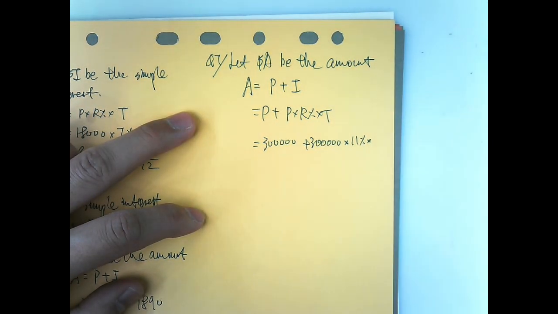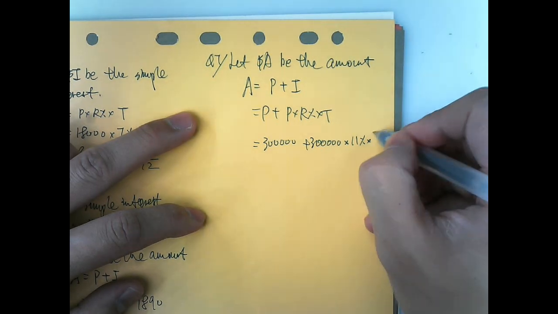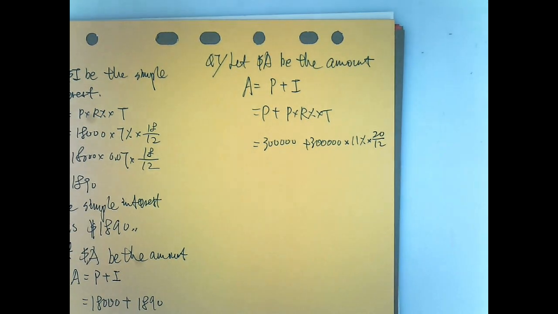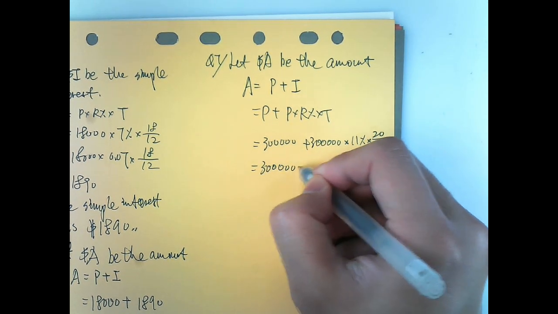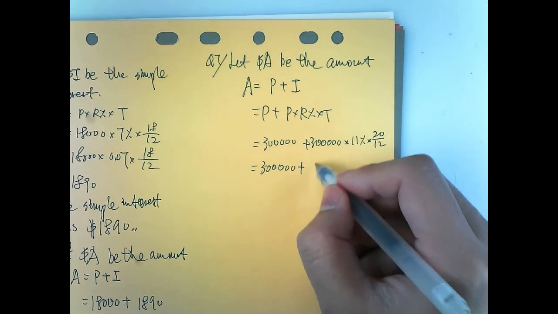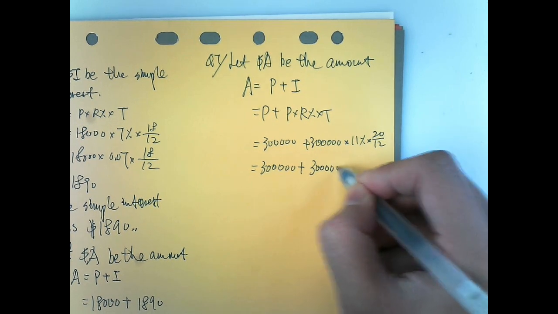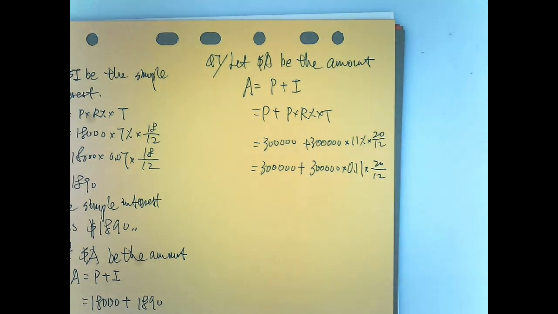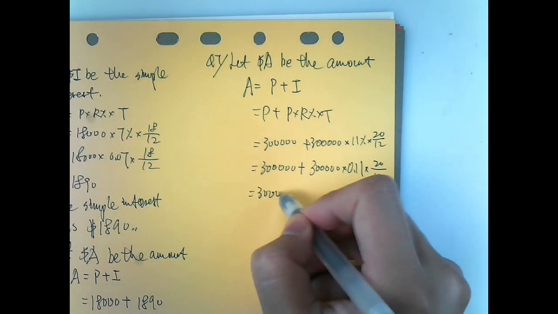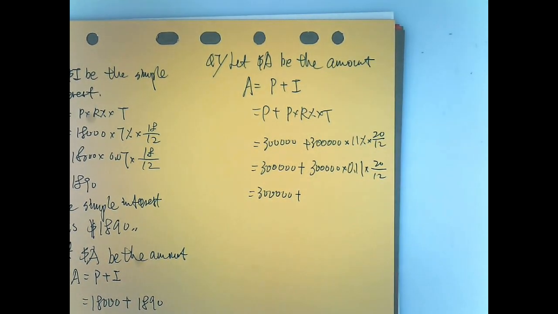The T is not 20, but 20 divided by 12, understand? Next, keep this first, plus, and here we always recommend you make the decimal first. No hurry, because you may make mistakes very easily.